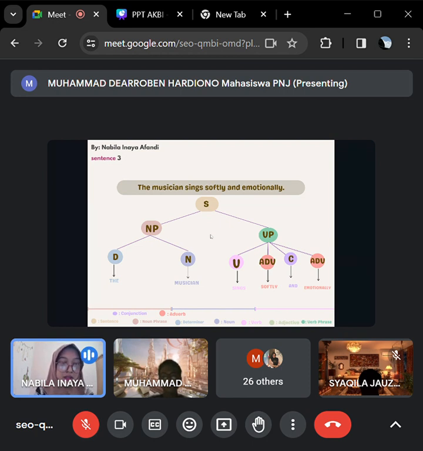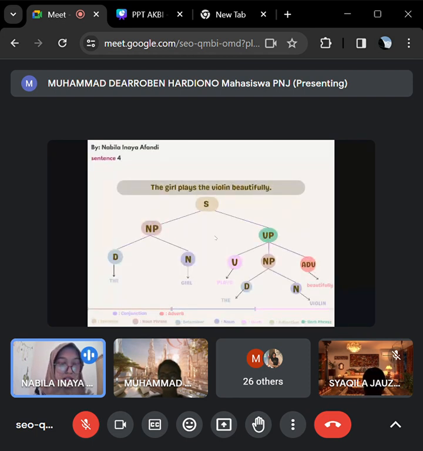The verb is sings, an intransitive verb in present tense. It doesn't take an object. The adverbs are softly and emotionally because they modify the verb sings by describing another aspect of how the musician is singing, and the conjunction is and, a coordinating conjunction. Next.